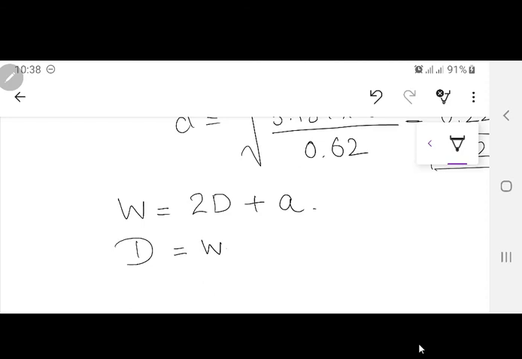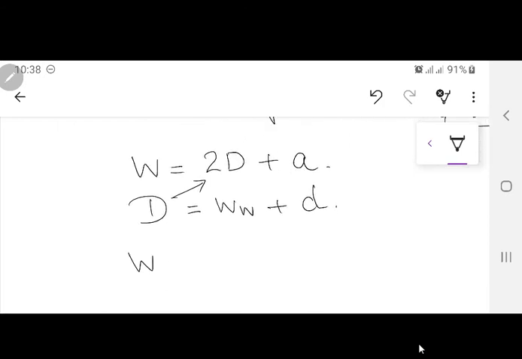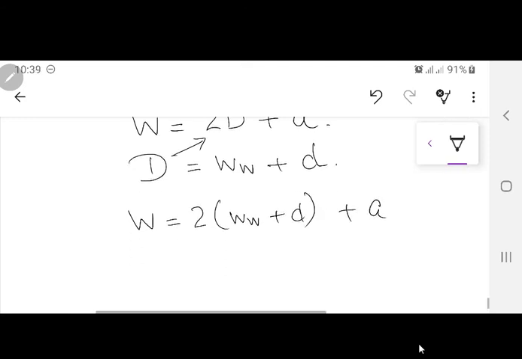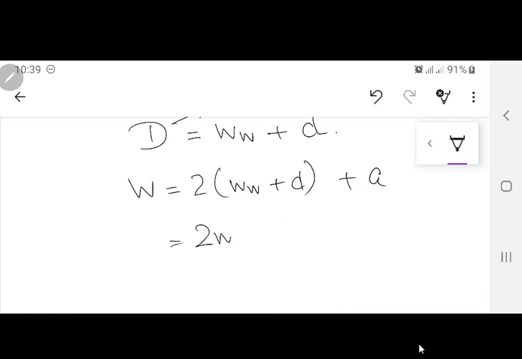Window width plus D over there. So I can put this D in this equation. So W becomes equal to 2 times (WW plus D) plus A. So this is 2 times my window width plus 2 times D plus A.